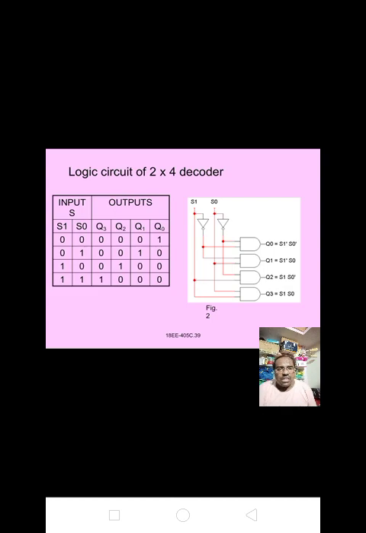Now the logic circuit for the 2 into 4 decoder. Here we have 4 outputs and 2 inputs, so S1 and S0 are the 2 inputs. For 2 inputs there exist 4 outputs.